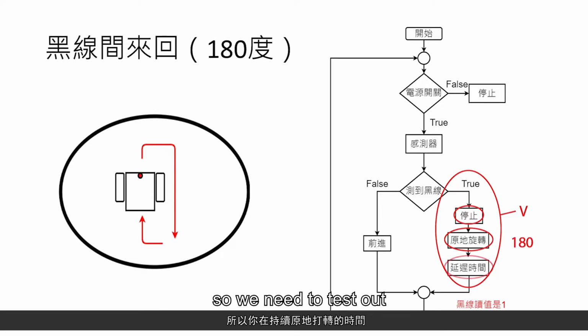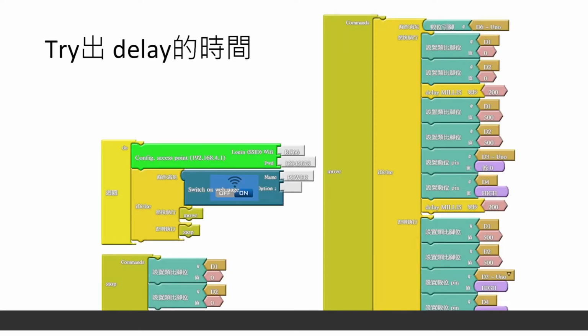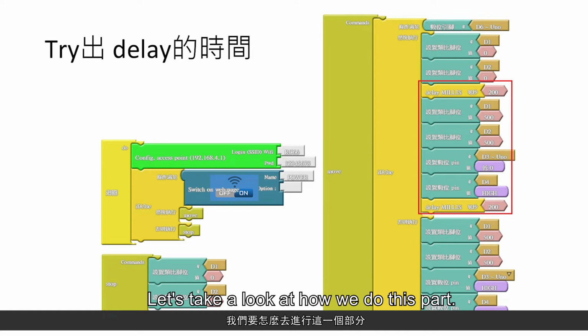So we need to test out how much delay time it requires to rotate in place. Let's see how we should write this program. Let's take a look at how we do this part.